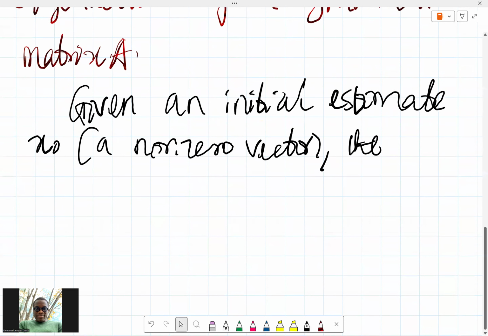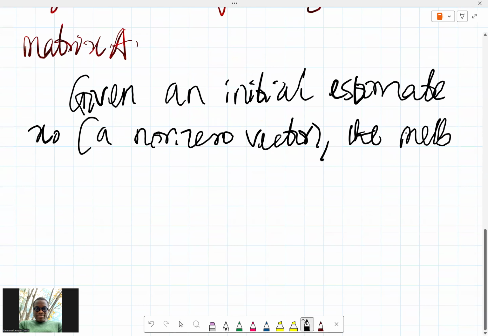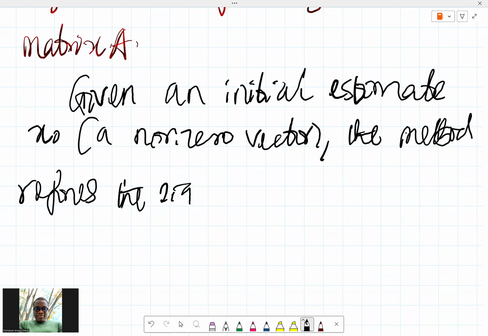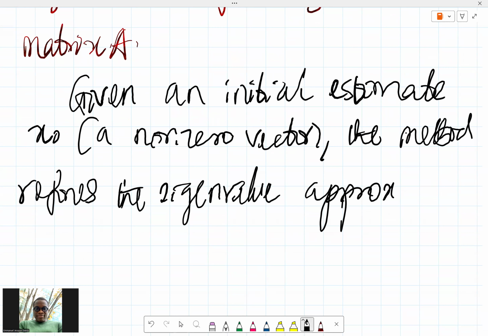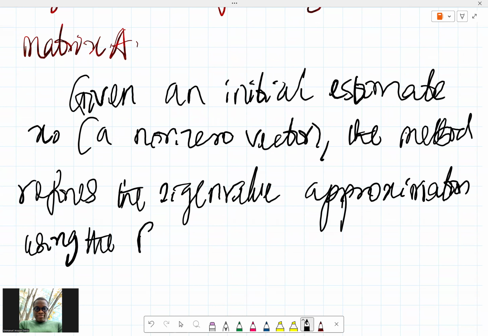the method refines the eigenvalue approximation using the Rayleigh quotient.